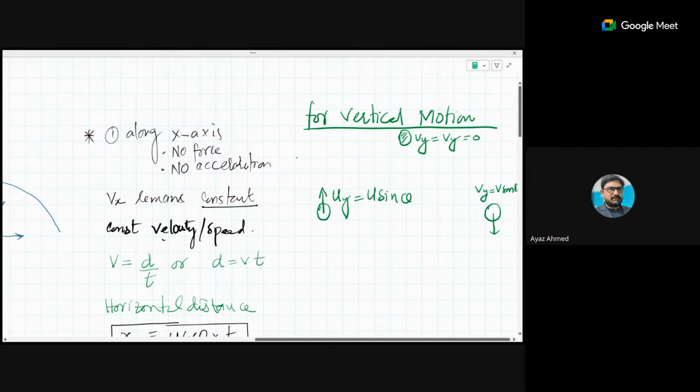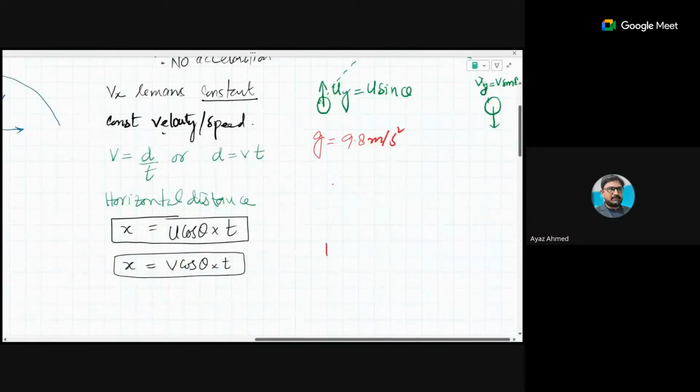So if I join the path of the projectile, during this whole motion the acceleration remains constant. g remains 9.8 meter per second square, the gravitational acceleration. Now I'm going to divide the motion of the projectile into two parts. This is its upward motion. The projectile goes up, momentarily becomes at rest, and then it moves down.